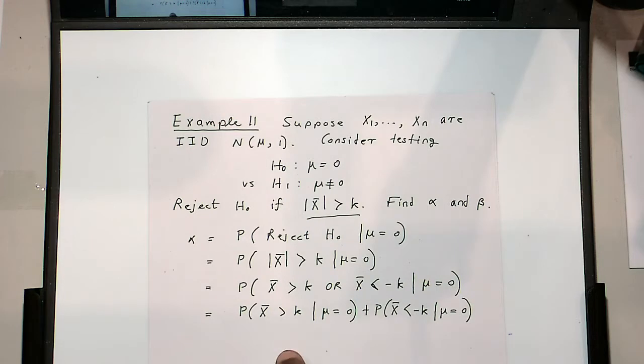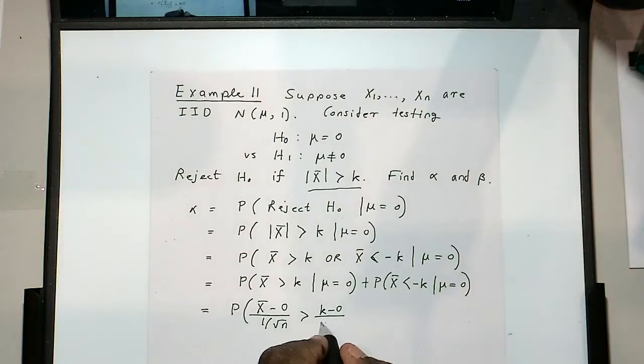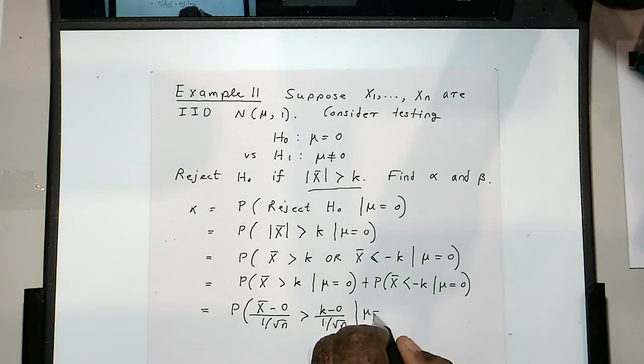Now what I'm going to do in the remaining is just apply the standardization I did in the previous example. So to standardize, I'm going to subtract the mean and divide by sigma divided by root n. You see what I'm doing?